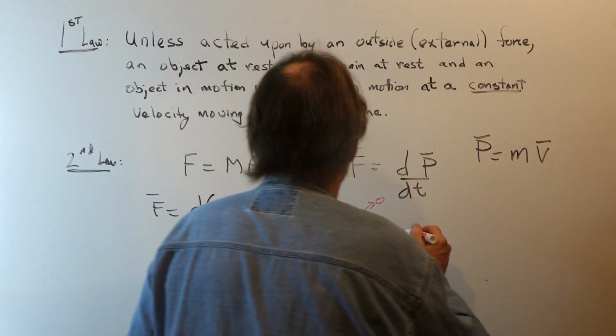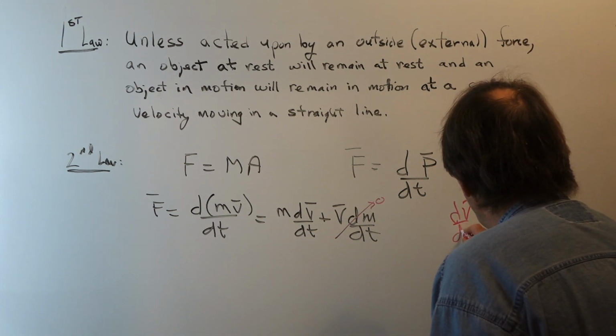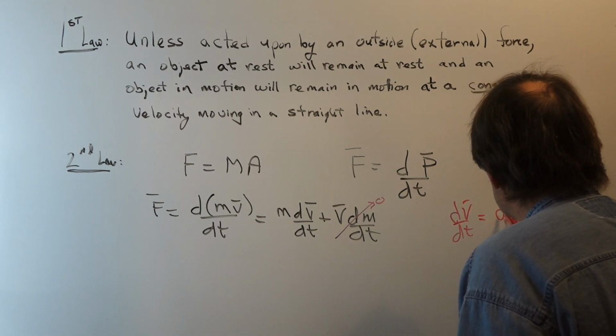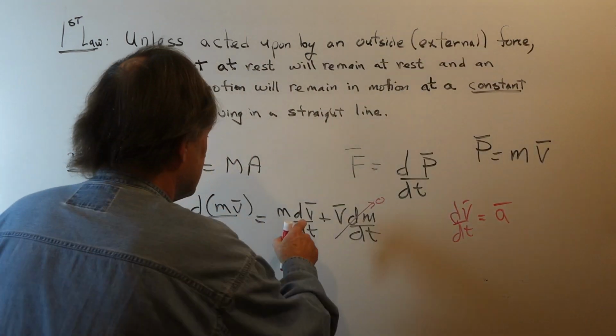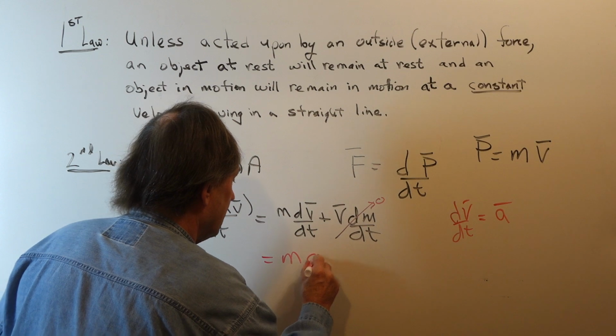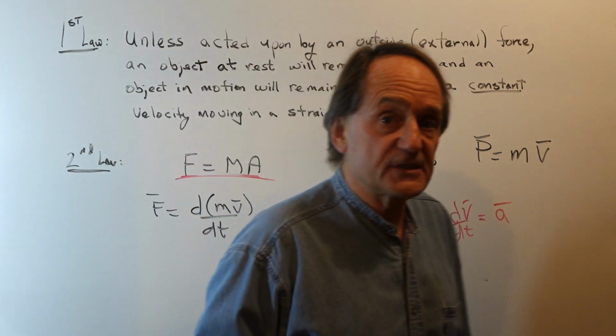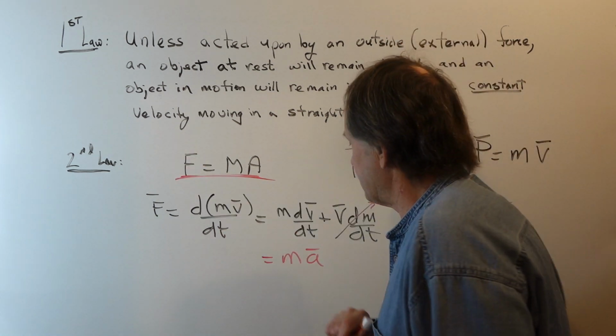And we also know that the time rate of change of velocity, we define that as acceleration. So putting in for here, we get mass times acceleration, which is the form most of you always see Newton's second law expressed as.